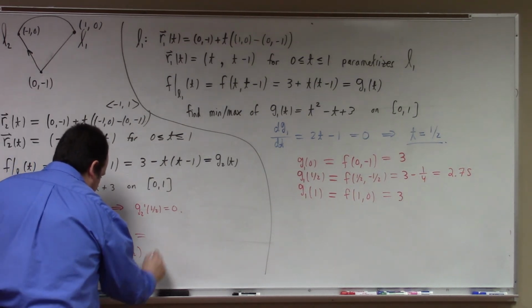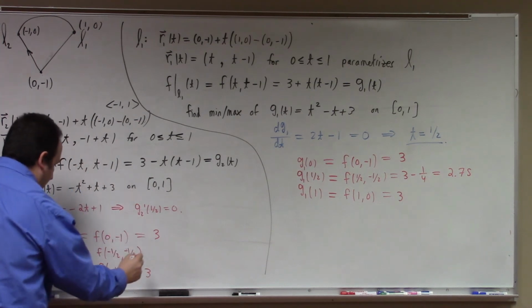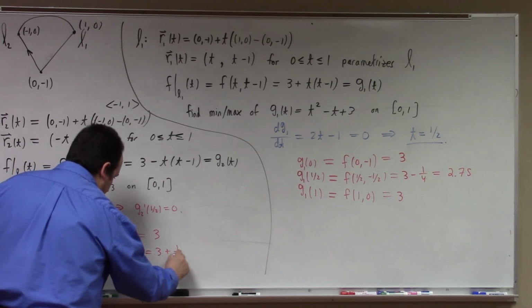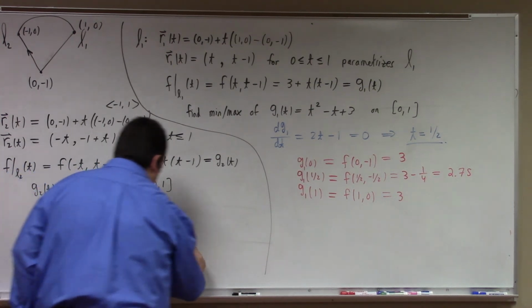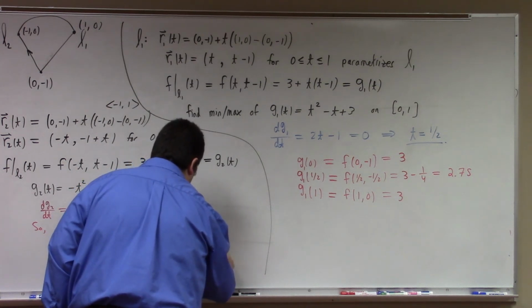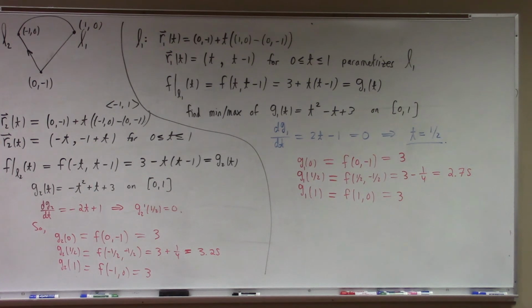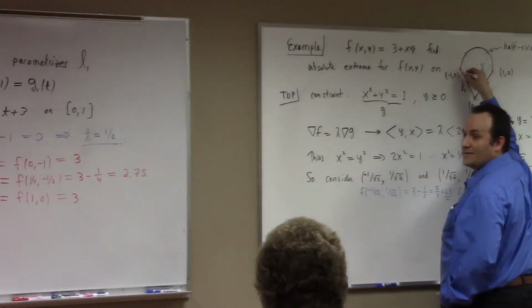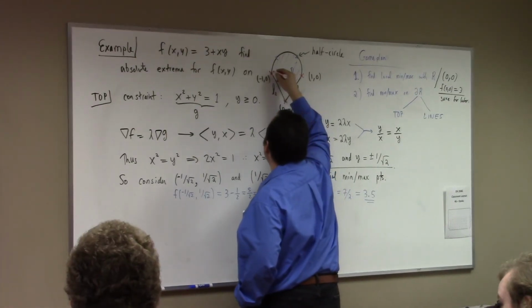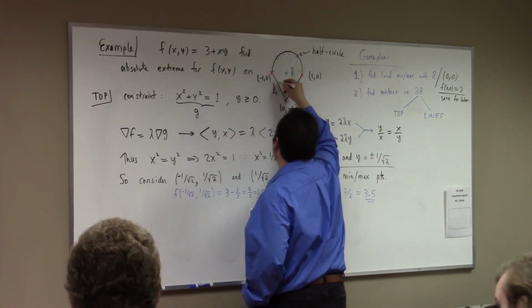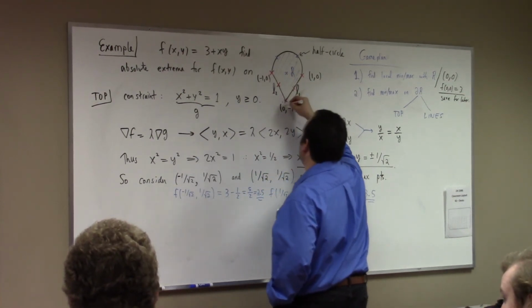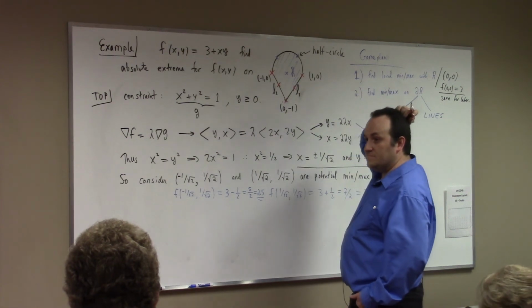So the top and the bottom ones are 3, and the middle one is 3 plus 1/4, which of course would be 3.25. So we just picked up 3 more, well, it looked like 3 more points. But actually, when you look at it over here, we've got this, and we added that. But you know what? We already had that point in a previous study of L1.